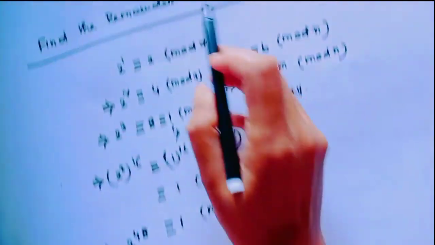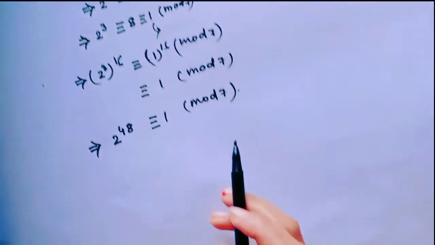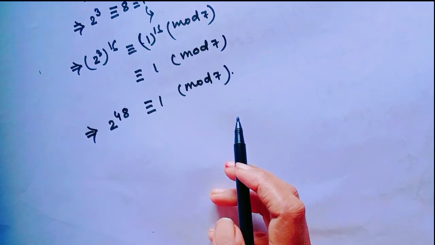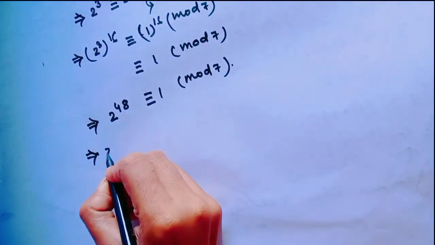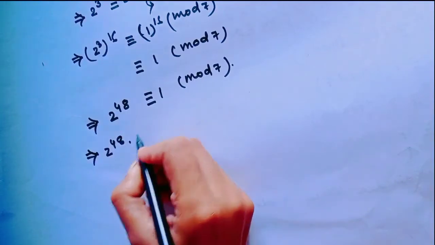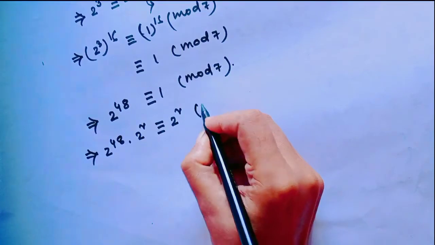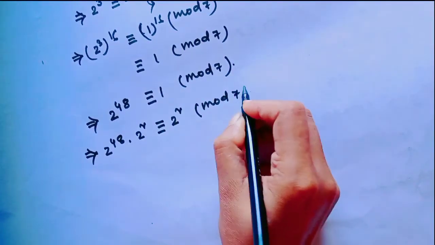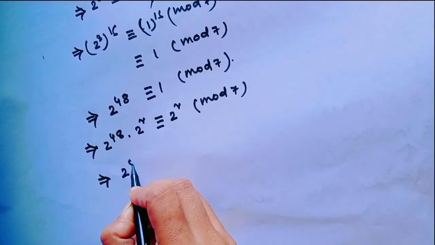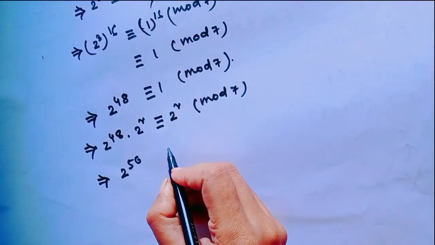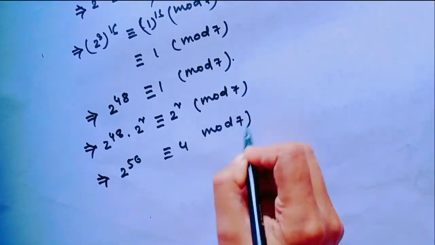We need to find 2 to the power 50. For this, we can multiply both sides by 2 squared. Then it will be 2 to the power 48 times 2 squared congruent to 2 squared modulo 7. That means 2 to the power 50 is congruent to 4 modulo 7.